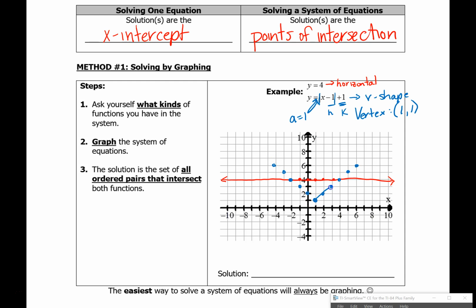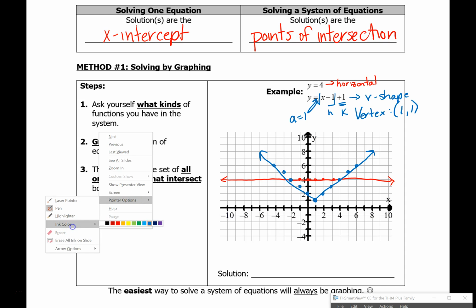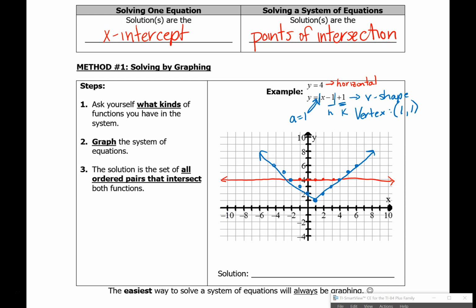And then once I've got that shape, I'm looking at these two lines, two functions and their intersections. So I'm going to change my color one more time, and we are looking at this point here and at this point here.